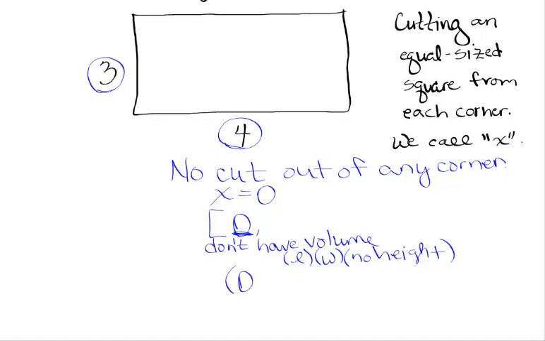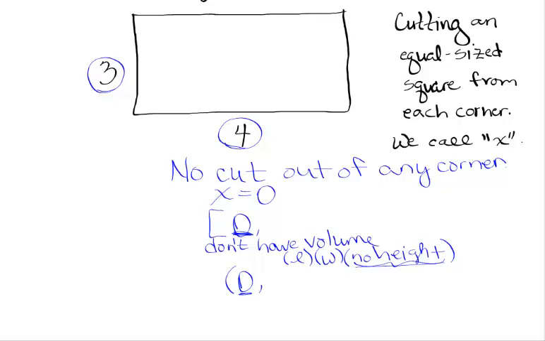So I actually don't have a closed interval in the context of this problem. If I include 0 in my interval, I don't have volume. But anything bigger than 0 will give me that third dimension, and I would have volume. So that's why I personally feel like this should be an open interval on the left.